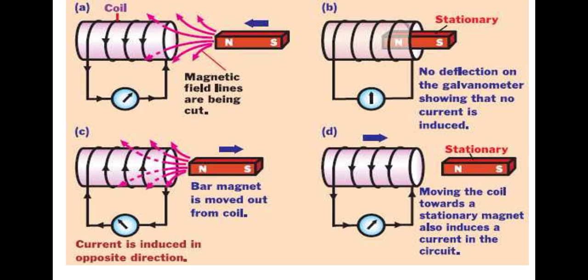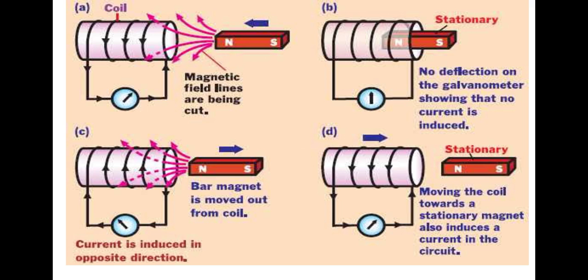Either the deflection is towards right side or the left side. It means there is some amount of current that is induced. Now if we compare figure A with the figure C, we came to know that the current produced in the figure A was in the rightward direction, while the current induced in the figure C is towards the leftward direction.